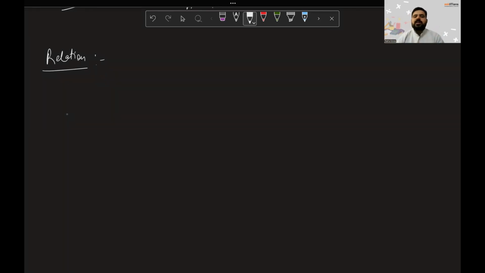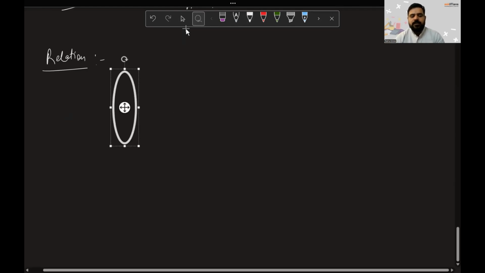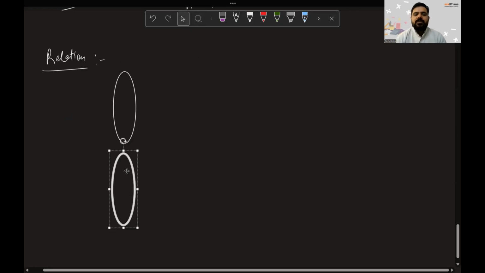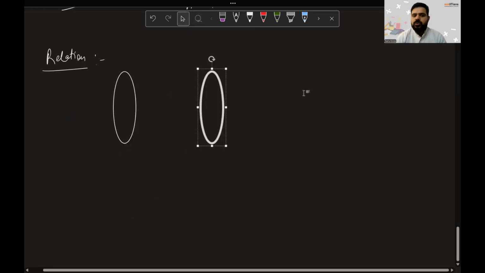Those are the relations that we have in day-to-day life. And how exactly we define relation in maths is something we'll be looking at. So I'll be taking the example of a set only, the same way we defined cross product, the same thing I'll be defining the relation also.